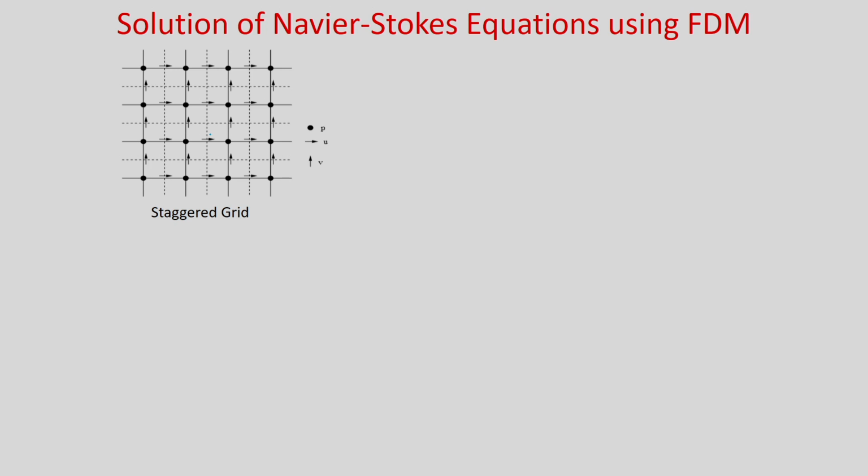So, in the staggered grid you can see that if you have this main control volume, P is here and you are solving for pressure here. This is your east, this is your west, this is the general notation we discussed in the earlier lecture, this is your north and this is south, okay. These are the points for pressure, and you are solving the velocities u here and v here, okay.